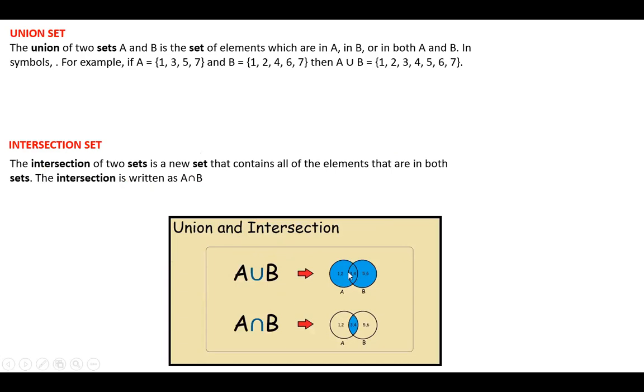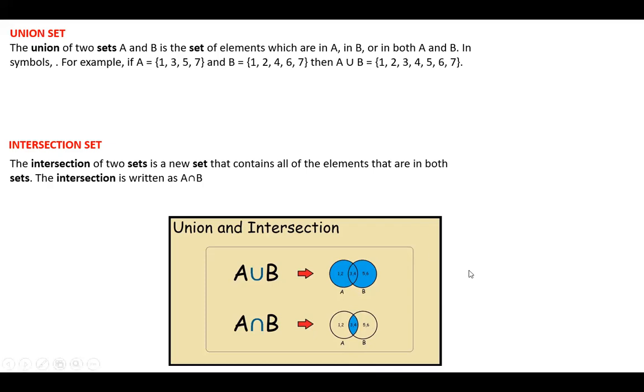When we talk about the union set, it's simply shading the two sets that we've been given, meaning you are talking about all the elements that you've been given in both A and B. And when we talk about A intersection B, it is simply the common part, meaning the part in both A and B. The common part is this part which is shaded here, which is in both A and in B. Okay.